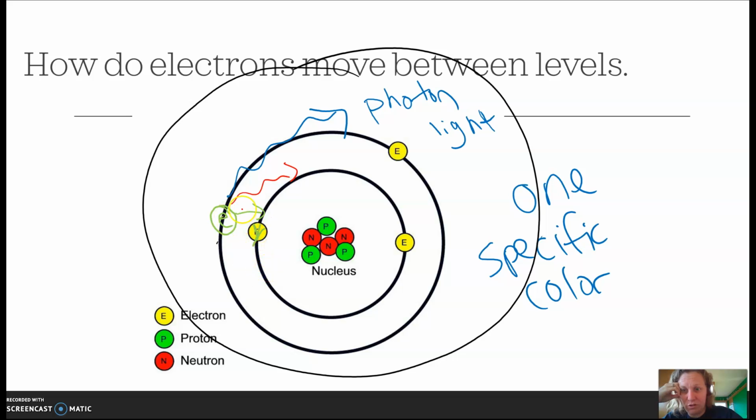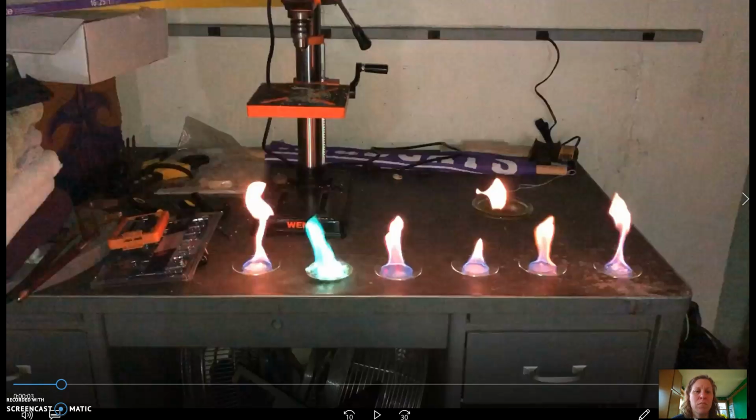And then if this electron went from here way out to here, and then fell back down to here, that photon would be, I don't know, blue. So the further an electron falls, the different colors are emitted. And that is what our demo is about. So I'm going to pause it and go to the demo.